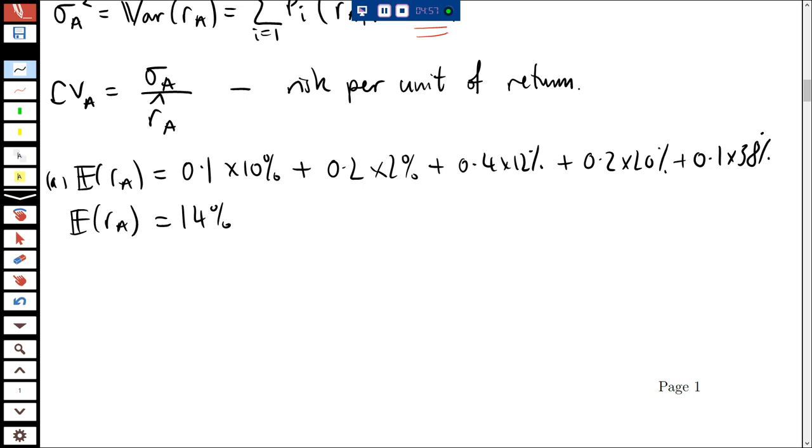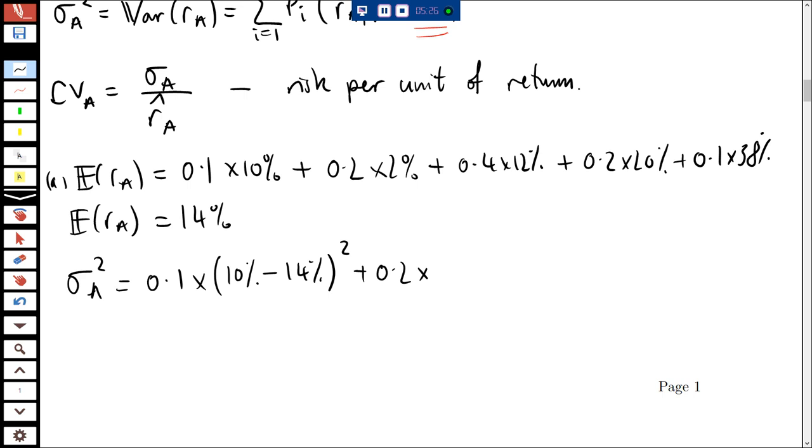The variance next. So the variance, we take the probability of that particular state, we take the return, we compare it with the average, and we square, and we do that for all the different values. So the difference between the outcome and the expected return is the deviation.